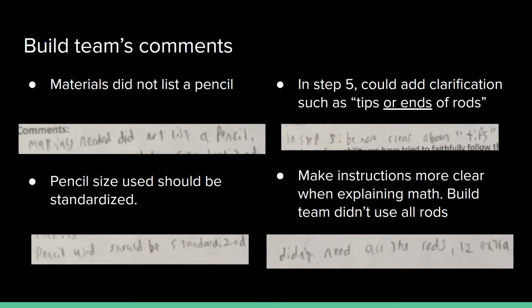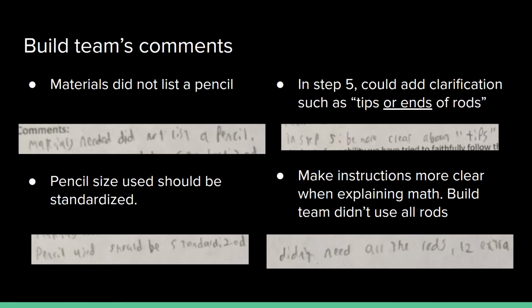The build team's comments were, the first one was that we didn't list that we needed a pencil in our materials, and this was actually against the assignment rules anyways. We didn't realize that we couldn't put the pencil in there, so that was fair. We also didn't say that we should standardize the pencil size. This led to uneven sizes of tubes, which ended in mistakes that I'll talk about later.